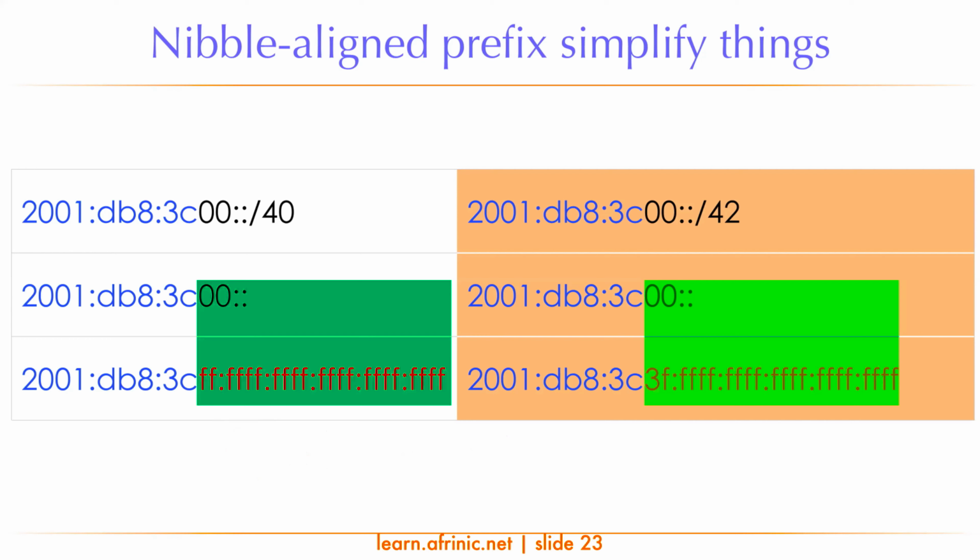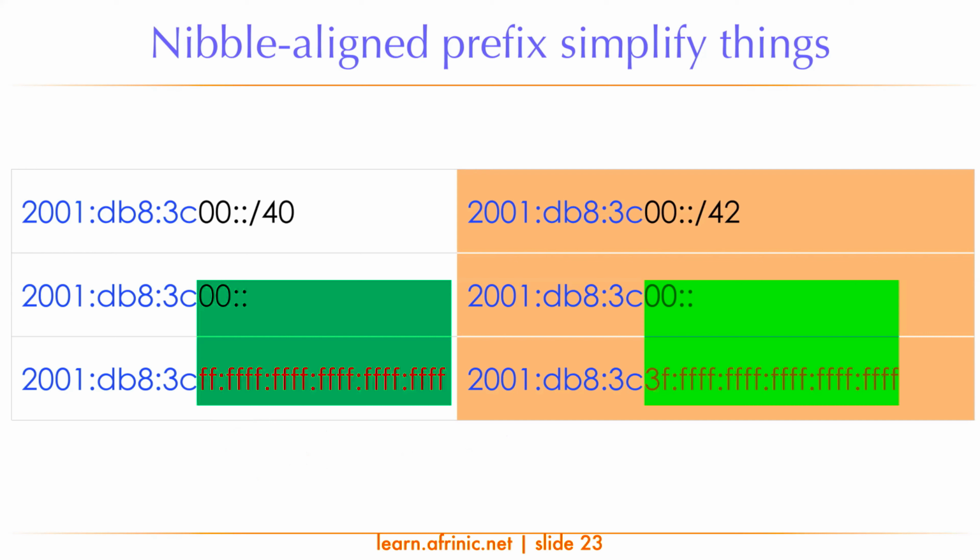The nibble boundary is also important because of the way reverse DNS works, or how we map reverse DNS when creating the PTR records. In IPv4, this works with the 8-bit boundary, or the byte boundary. And in IPv6, reverse DNS works on the nibble boundary.